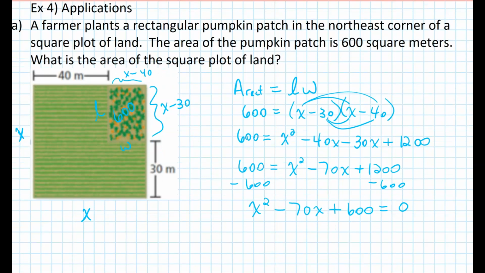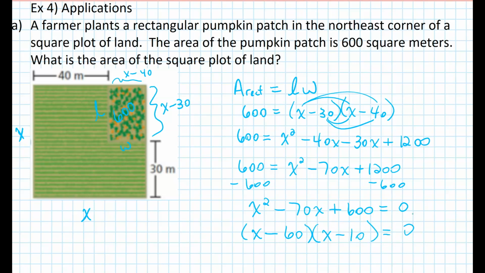Now, once we get down to this, what we're hoping for is that we can factor. And what is today's lesson? It's all factoring. So this is factorable. Are they always factorable? No. But this one is. Anybody already figure it out? Negative 60 and negative 10.